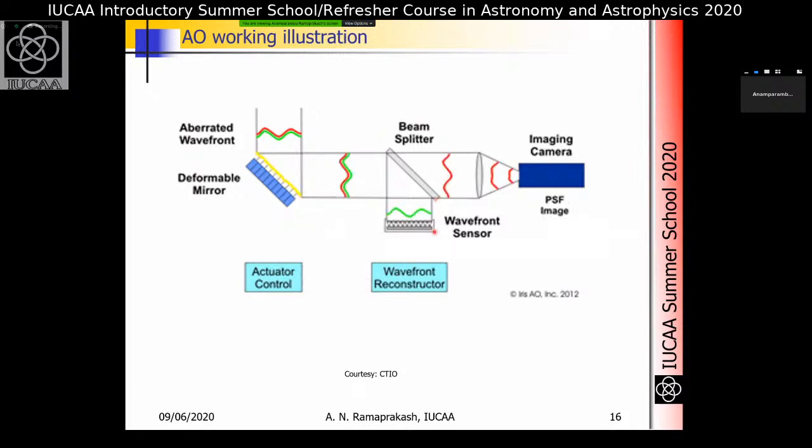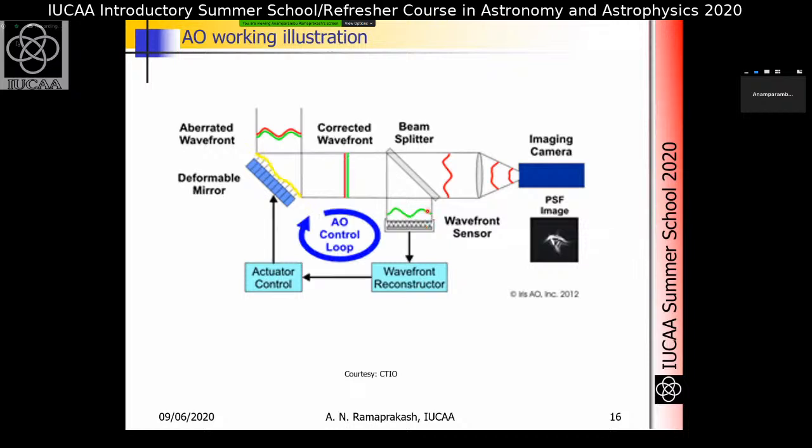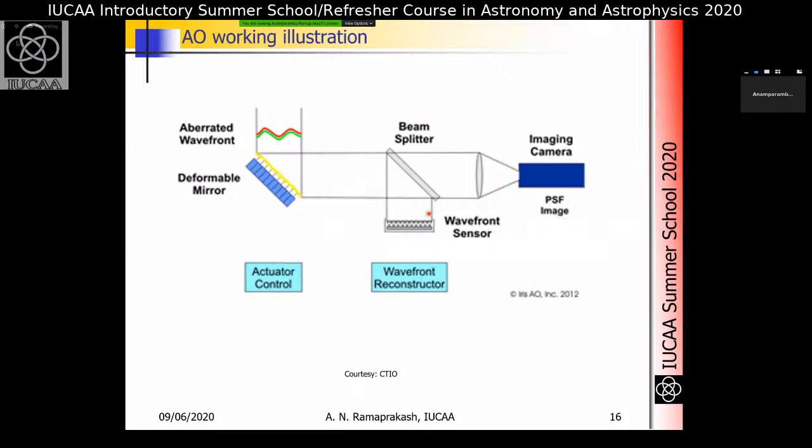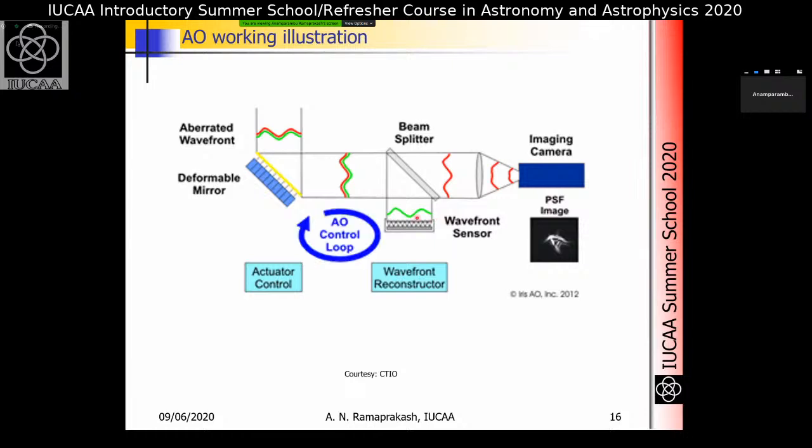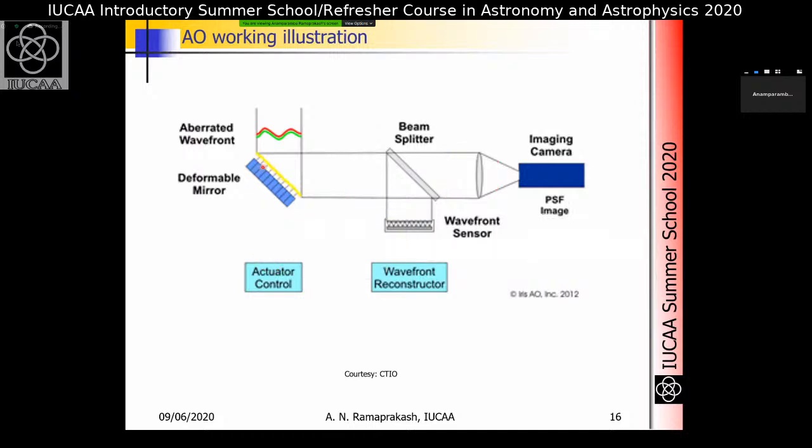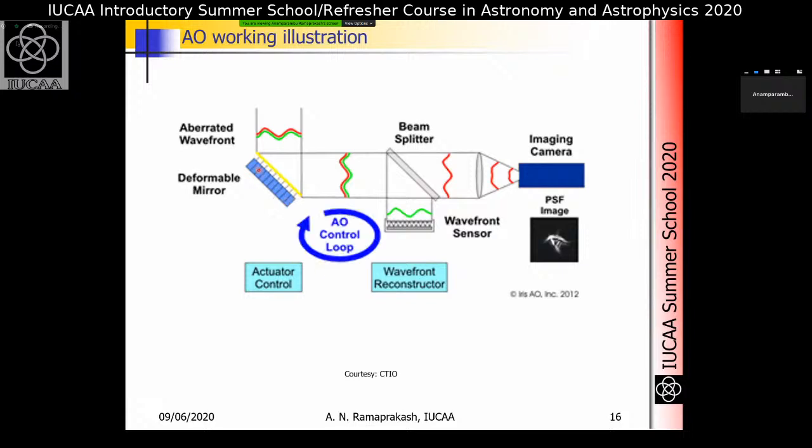Now here is what is called a wavefront sensor, which measures the instantaneous deformation of the light as it comes here, this deformed light as it comes here. It measures the instantaneous deformation, reconstructs the overall deformed shape, and changes the shape of this mirror. It is a deformable mirror, by applying the right signals here through a control loop.